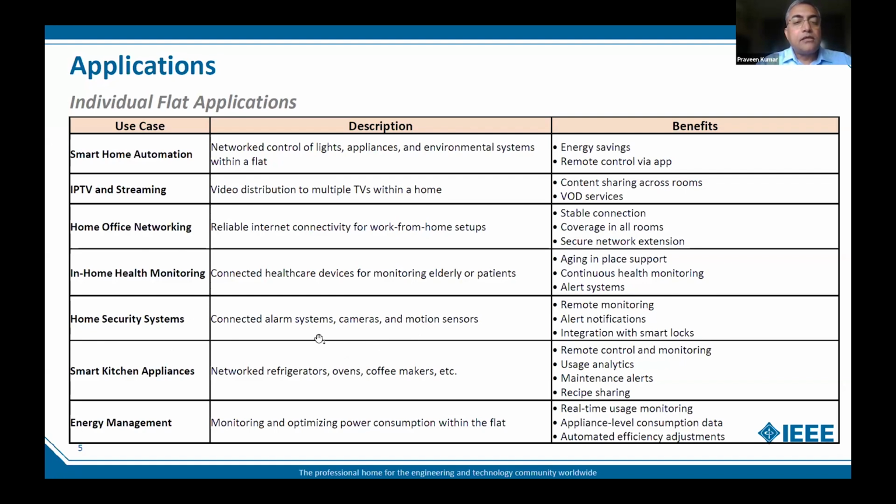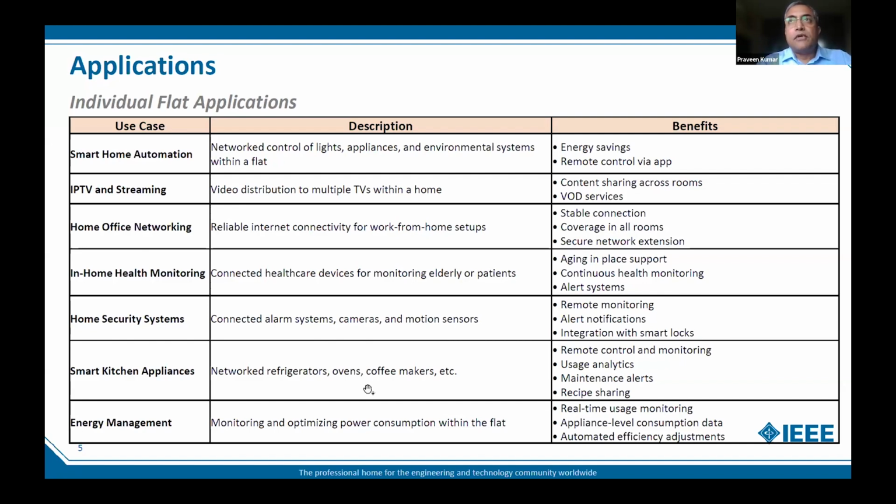Since it supports a very high data rate, multiple cameras can be supported using PLC. Then smart kitchen appliances: if the appliances have PLC support, they can be controlled remotely.